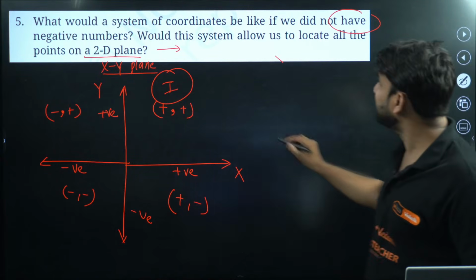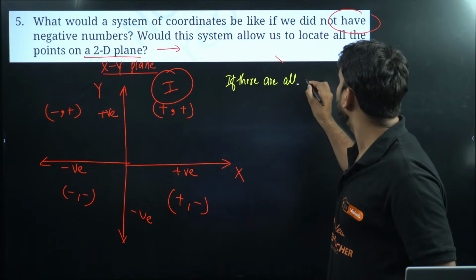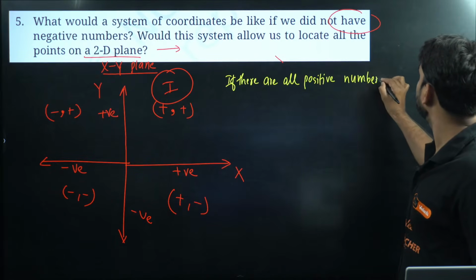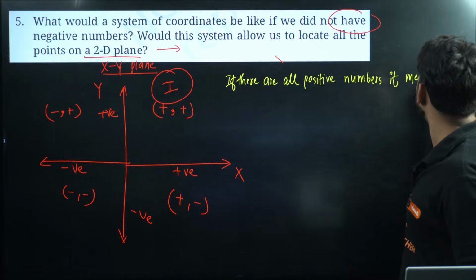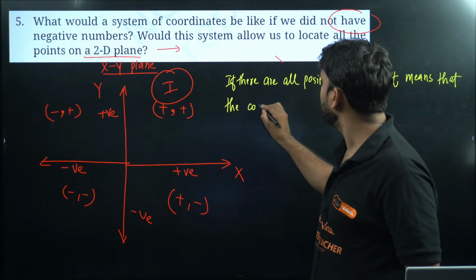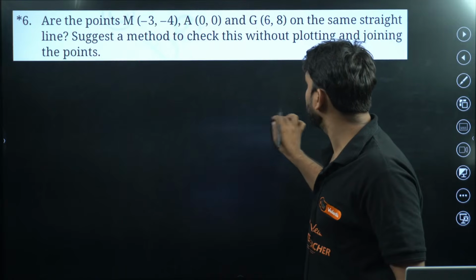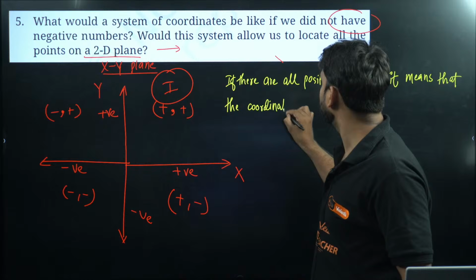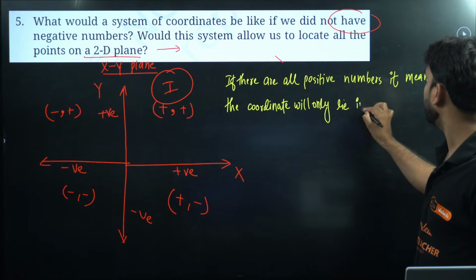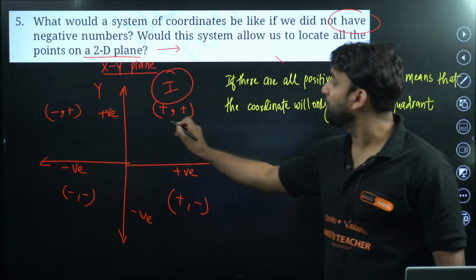So it indicates that if there are all positive numbers, it means that the coordinates will only lie in first quadrant, because first quadrant is the quadrant which is having both positive.